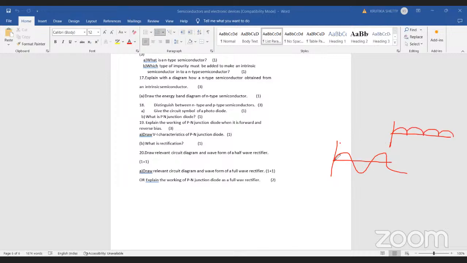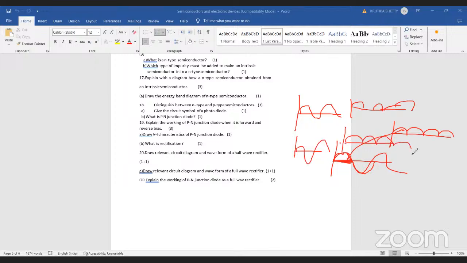In a half wave rectifier only half of the part is converted. This is the half wave rectifier. In a full wave rectifier, both the above cycle and the below cycle are converted and we get current. In the half wave rectifier you show AC getting converted into DC with gaps, but in the full wave rectifier you represent it with the full cycle, because both half cycles are getting converted. In the half wave rectifier, only half the portion is converted into DC.